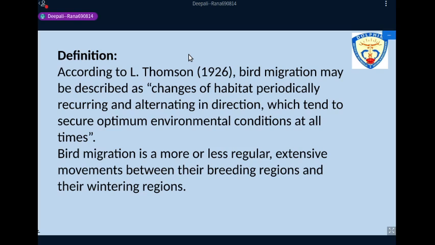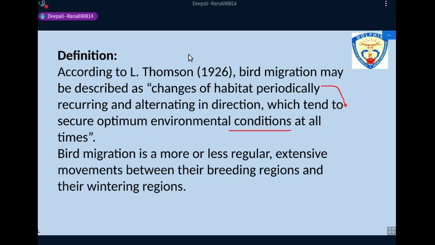He described it as changes of habitat, particularly recurring and alternating in direction, which tend to secure optimum environmental conditions at all times.